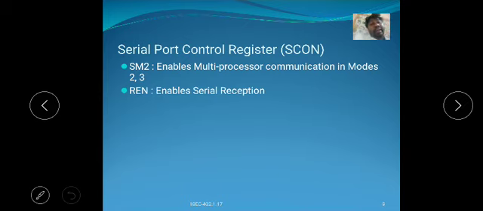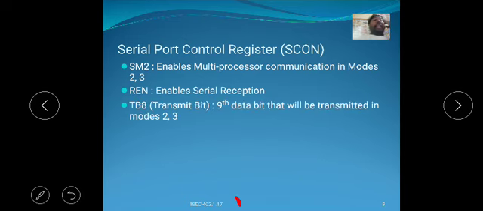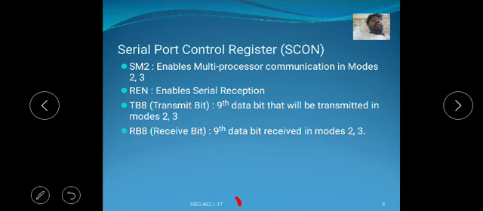REN enables serial reception. TB8 is the transmit bit, the 9th data bit that will be transmitted in mode 2 and mode 3. RB8 is the receive bit, the 9th data bit received in modes 2 and 3. In mode 1, the stop bit enters RB8.